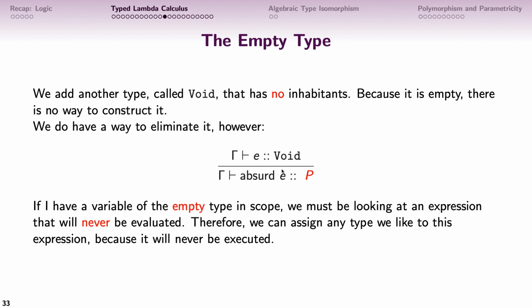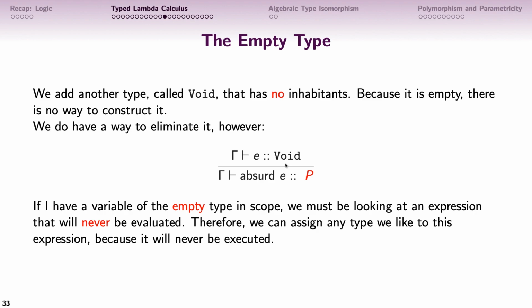It will never actually reach this expression at runtime. So that means that we can assign any type we like, which I just called P here, to our expression absurd E. In Haskell, we could just define absurd to be undefined or error. It doesn't matter because we know if there is a value of type void in scope, we will never get to this point. This expression will never be evaluated.